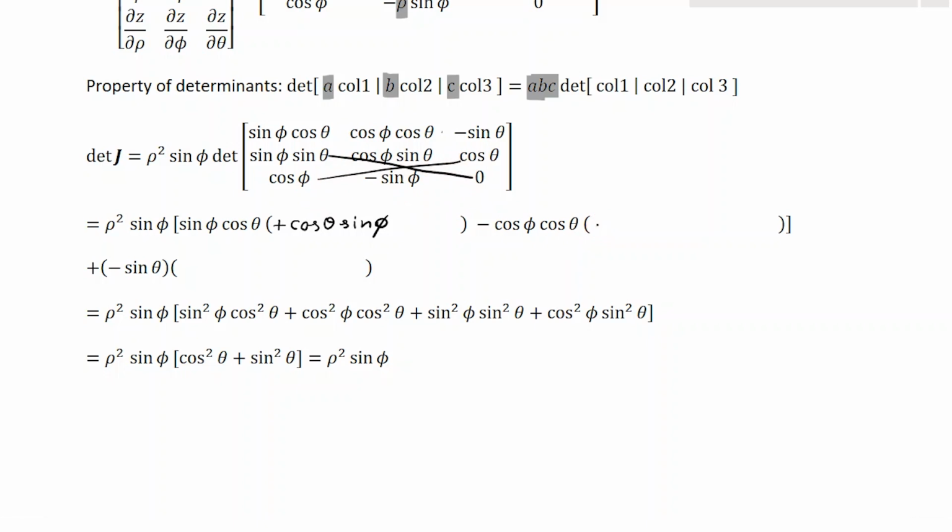This gives us negative cosine theta times cosine phi. And then we have negative sine theta times this determinant, which gives us sine squared phi, sine theta with a negative, minus cosine squared phi, sine theta.